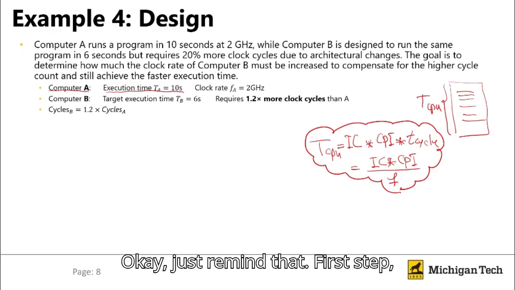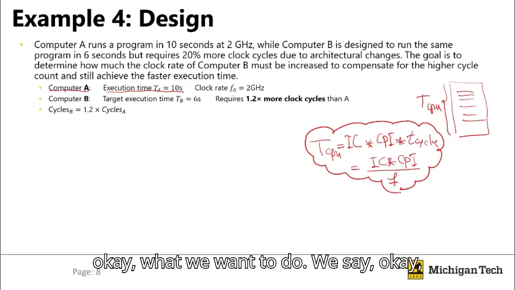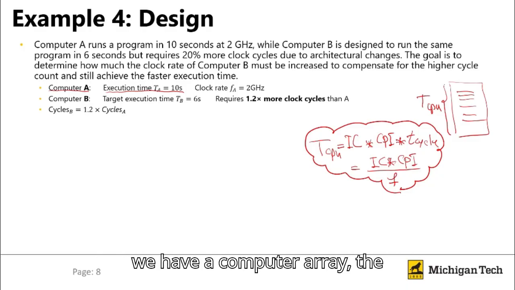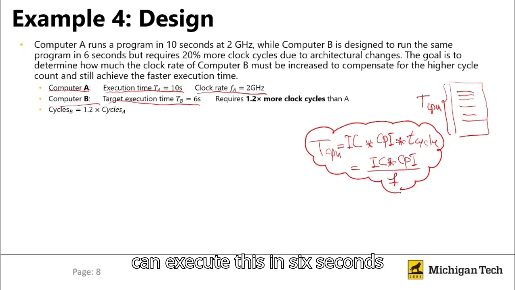Just a reminder. First step, what do we want to do? We have a computer A, with the execution time given and the clock rate given, but we want to design a new computer, B, that can execute this in 6 seconds instead of 10 seconds.